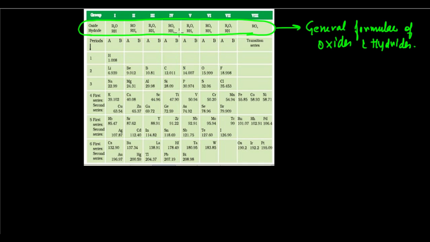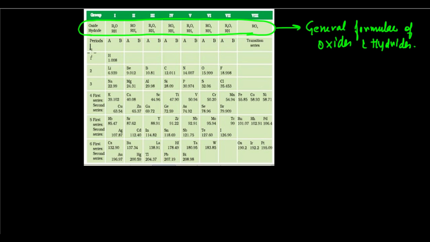For the fourth one it's RO2 and RH4. For the fifth one it's R2O5 and RH3, I presume. Okay, and for this it's RO3 and RH2. For this it's R2O7 and RH, and for the eighth group it is RO4. So we formulated the general formula for oxides and hydrides for each particular group, right?